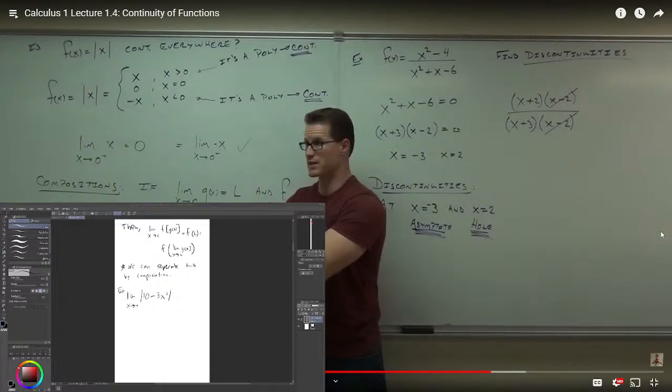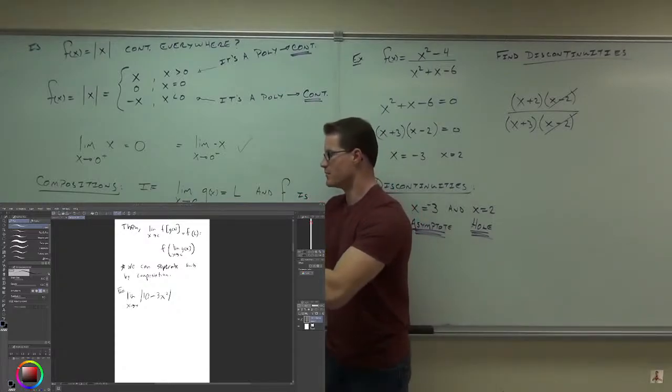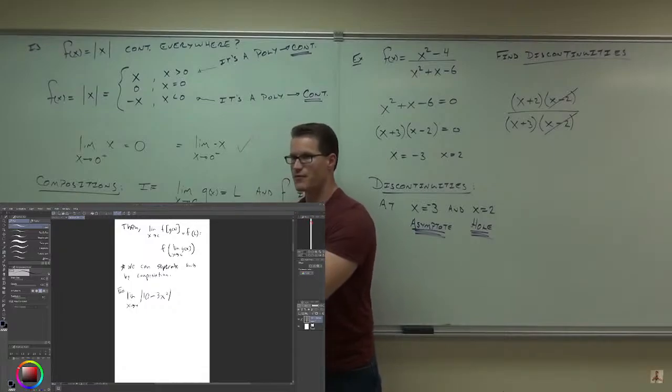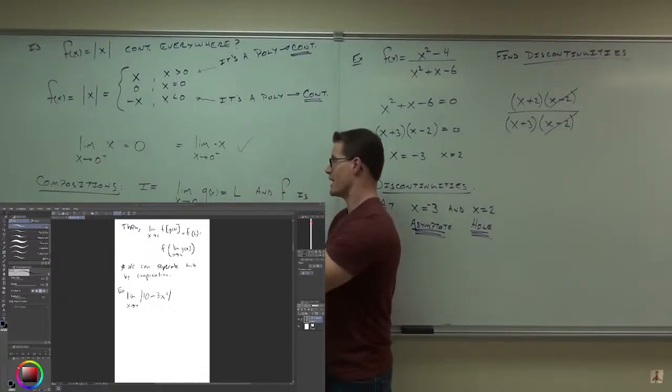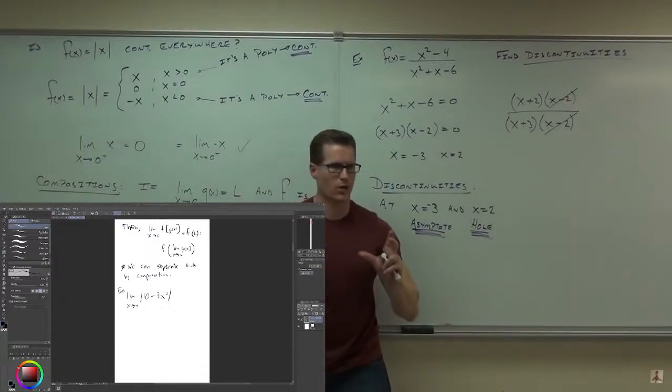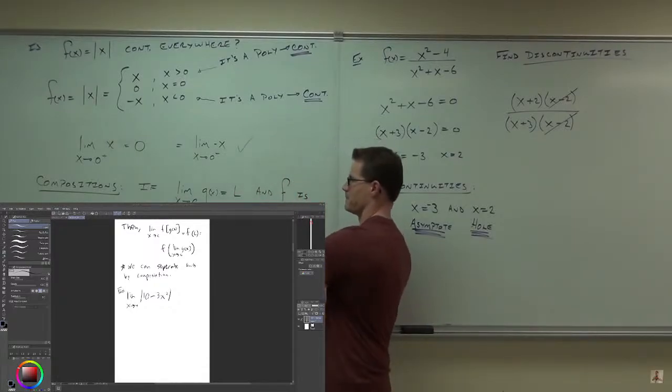Does that make sense? You're plugging c into g. The limit of g as x approaches c gives you L. You're taking that L, you're plugging into f. Since f is continuous at L, you can make this jump.